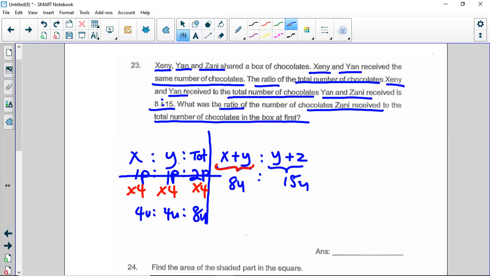So what is the ratio of the chocolates Zani received? So Zani has how many? So Zani, where's Zani? So okay, so can we find Zani? Let's see. Okay, you have Zini 4 units, and then you have Yan also 4 units, and then this is Yan also 4 units, and then Zani must be 11 units.